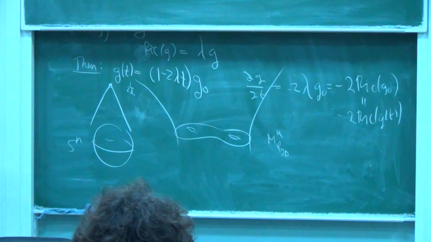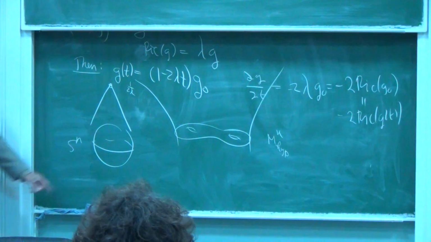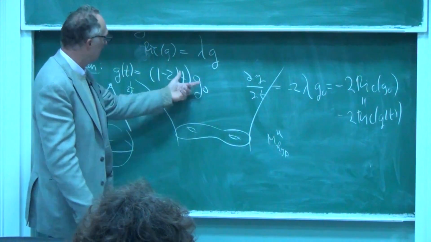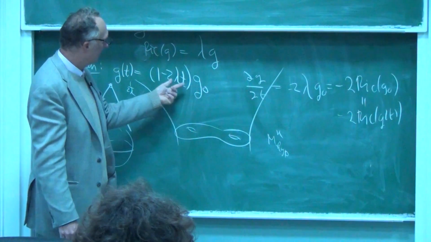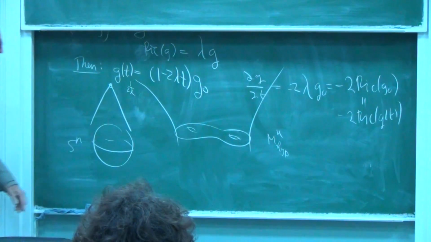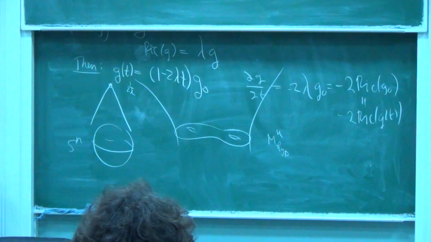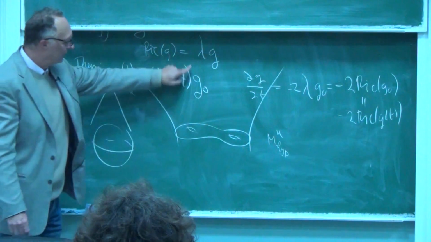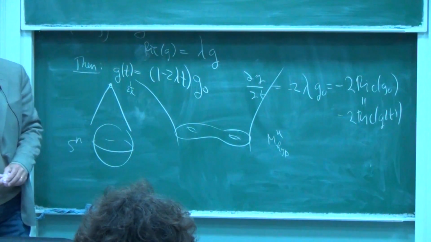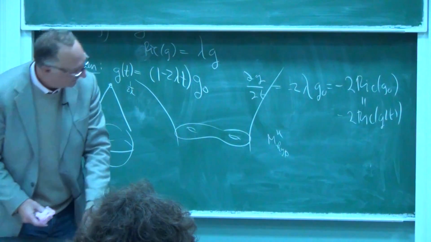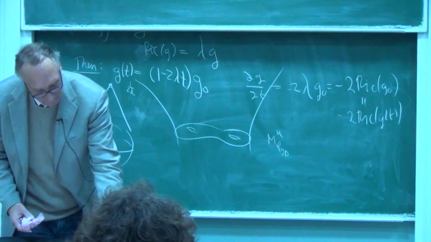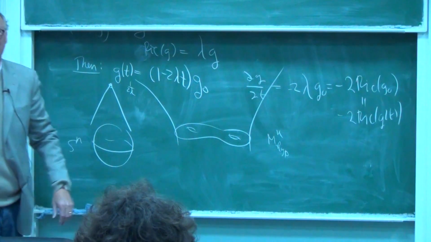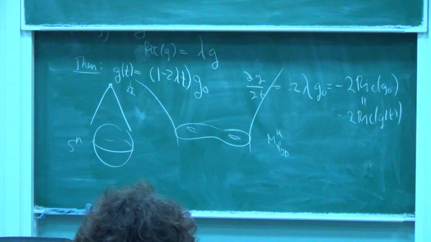But it's always conformal to your original hyperbolic surface. If you were to rescale by 1 over t, you would converge to 2 lambda times the original metric. That's exactly what I did in the case of a hyperbolic surface: I rescaled the metric by 1 over t. That's the appropriate rescaling in this example as well. And if you started with a Ricci flat metric, then the flow would be constant. Nothing would happen.